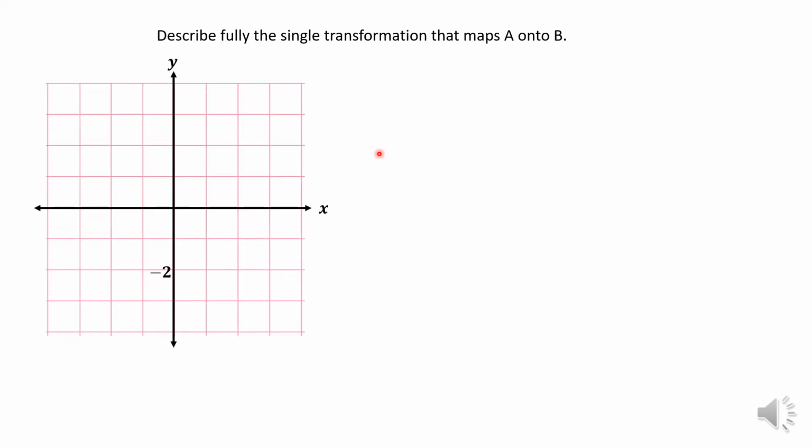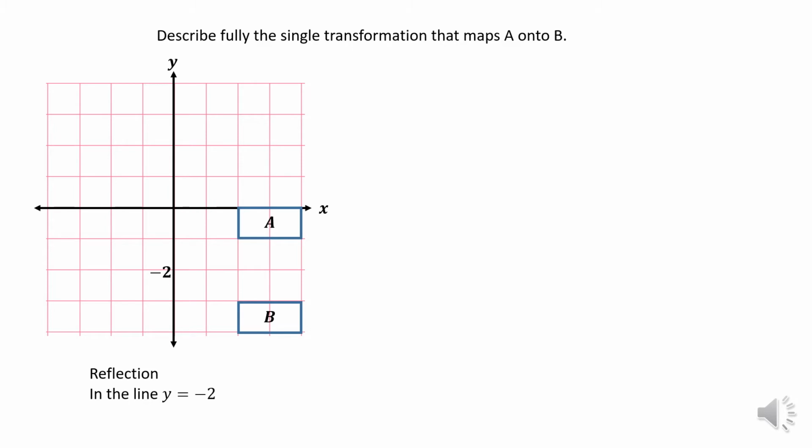Right. So we are going to do a question that involves us describing fully the single transformation that maps A onto B. So this is my A here, and this is my B here. Quite clearly, as you can see, these 2 rectangles are reflected. Okay. So A onto B is a reflection. Now what you also need to give is the line of reflection, and the line of reflection is the mirror line.